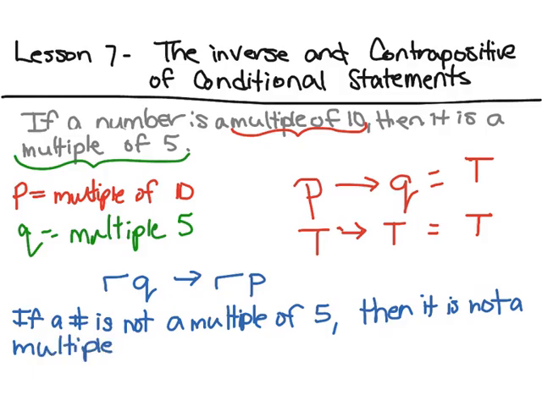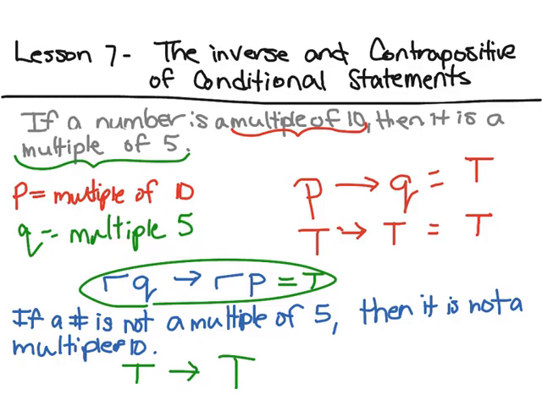So now here's our contrapositive statement. So we know that Q, if it's not a multiple of 5, okay, that is true, then it's not a multiple of 10. So all multiples of 10 have to be a multiple of 5, so that is also true. So altogether, our statement is true. So our contrapositive statement is true for this example.